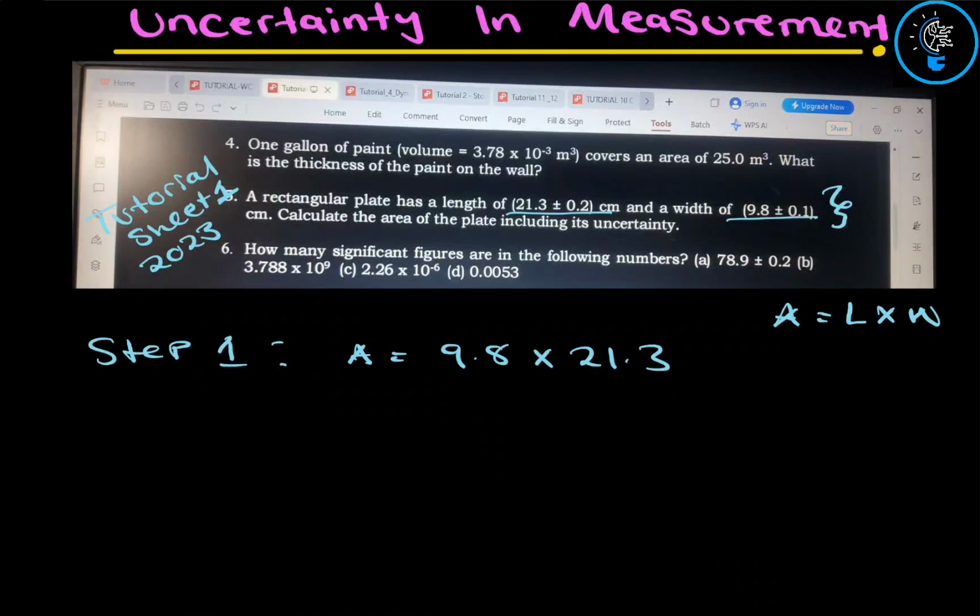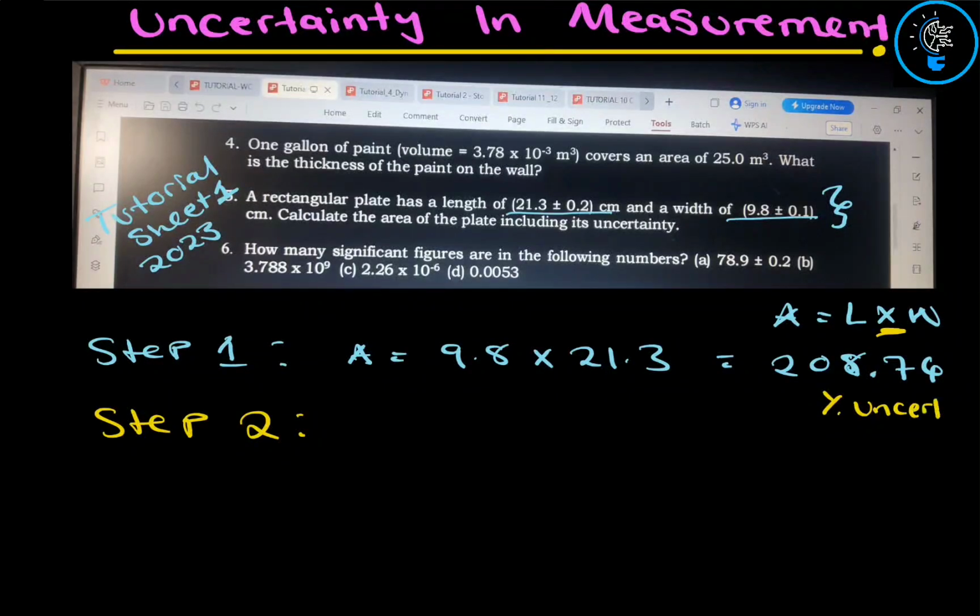Let's punch that into our calculator. 9.8 times 21.3, and you're going to get a value of 208.74. Our step 2 will be working out the uncertainties. So we are dealing with what? Multiplication. So since it's multiplication, we add percentage uncertainties.